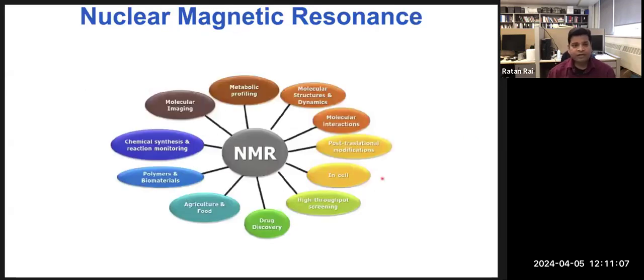So generally, NMR spectroscopy is capable of providing information and answers to biological problems that cannot be obtained by any other means. It's a very powerful technique, and it has application in almost all areas of science. MRI is one of the popular applications you must have seen everywhere.